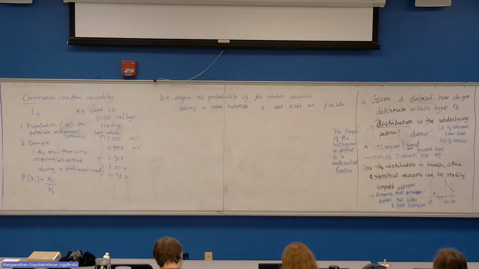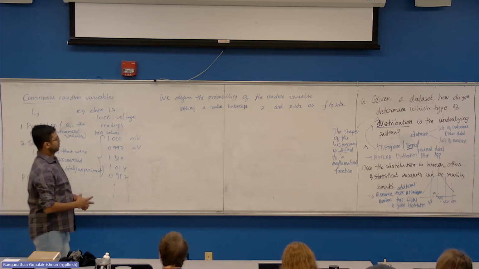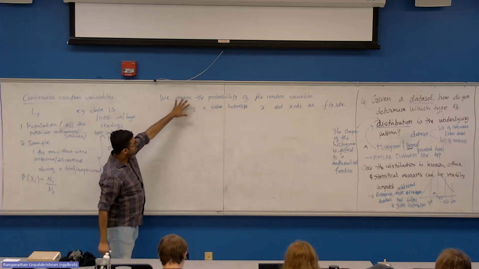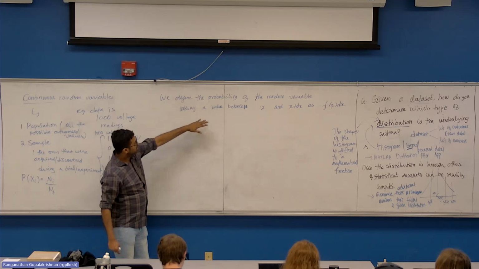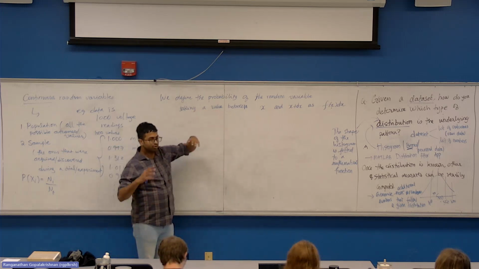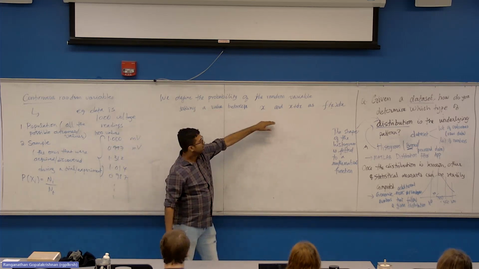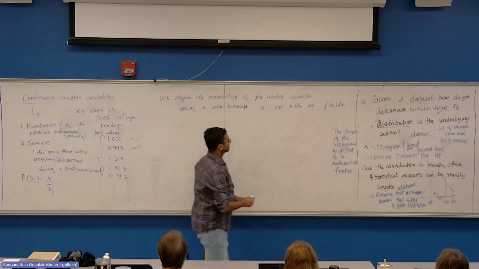That's a very awkward sentence to write. We define the probability of a random variable assuming a value in a certain range to be f of x dx.